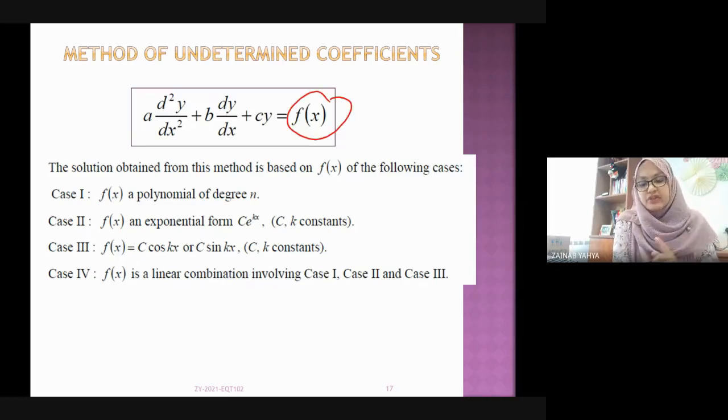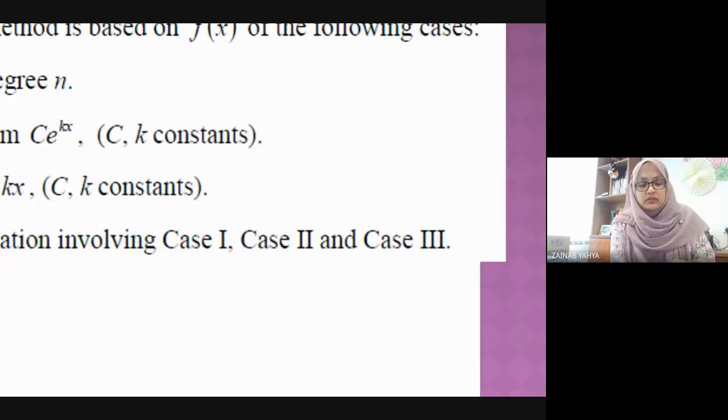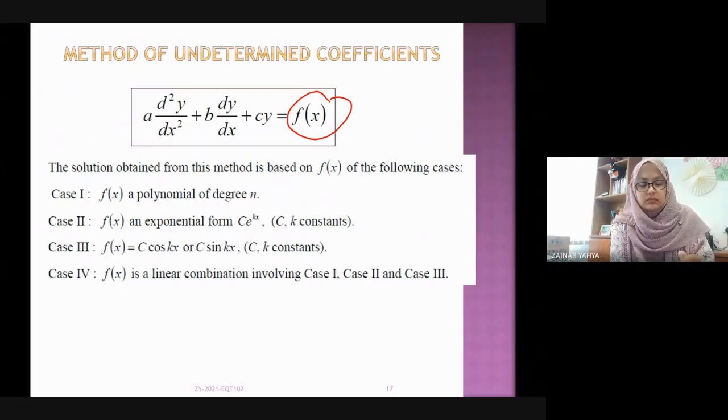Okay, the first one, case 1, if f(x) is a polynomial of degree n, then we have the solution as this one. F(x), for example, equals x squared plus 1. So it's a polynomial of degree 2. So this is to determine yp.